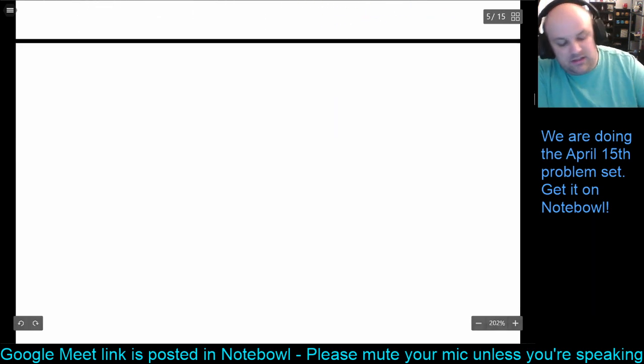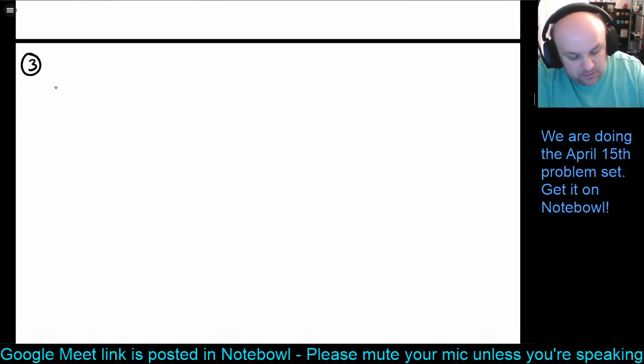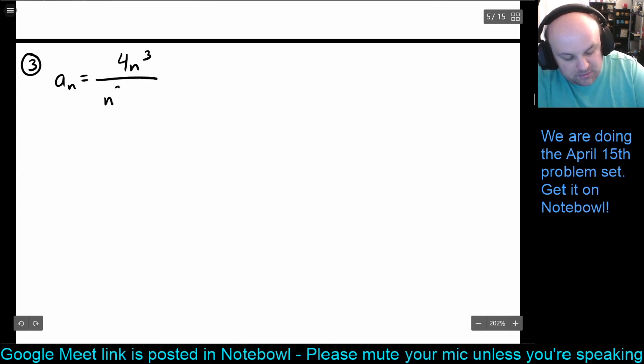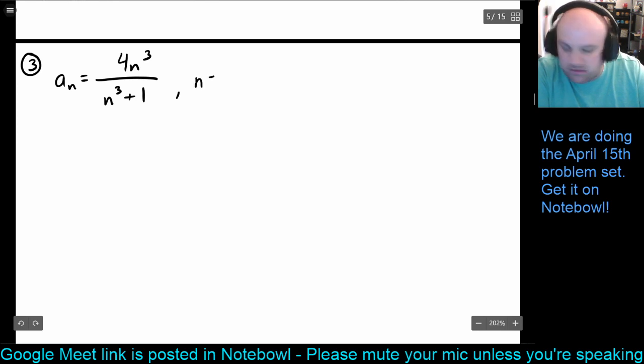Let's look at the third problem here. The third one is a_n equals 4n cubed over n cubed plus 1. Here n starts at 1.